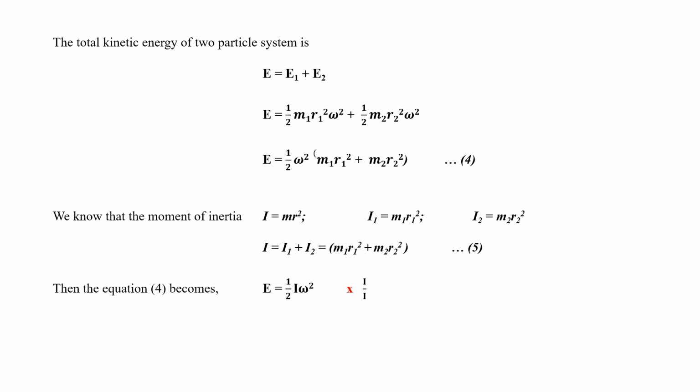I use this relation, equation number 5, in equation number 4 and finally get E equal to 1 by 2 I omega square, where I is the moment of inertia and omega is the angular velocity. Multiplying the moment of inertia in numerator and denominator as shown in the slide, I finally derive an equation equal to L square by 2I, where L is the angular momentum of that system.